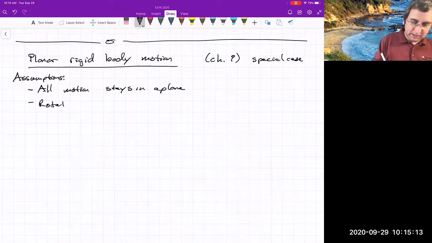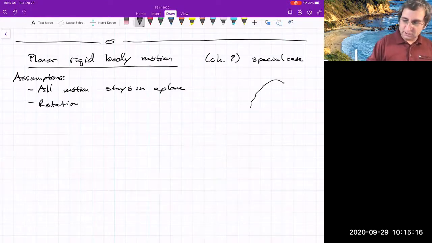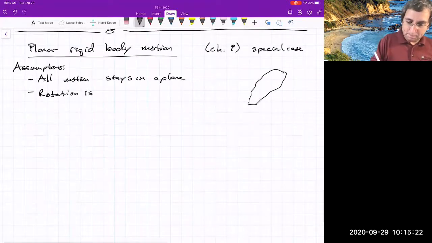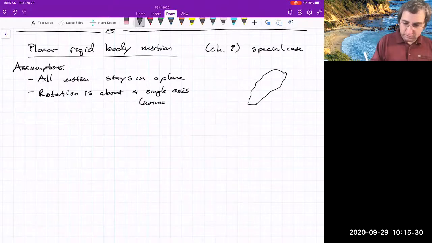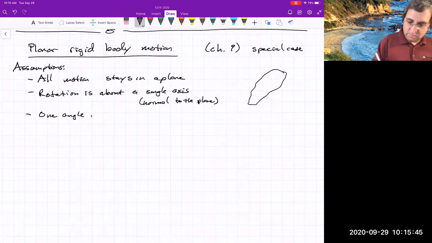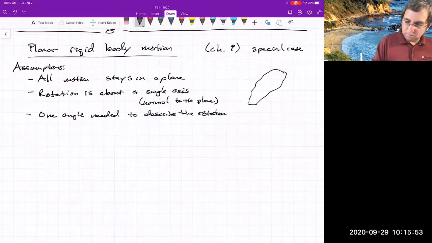Here's another one. For the rotation of the rigid body, so here's some kind of arbitrary rigid body, rotation is about a single axis. And that would be kind of normal to the plane. And that basically means that you only need one angle to describe the rotational motion.